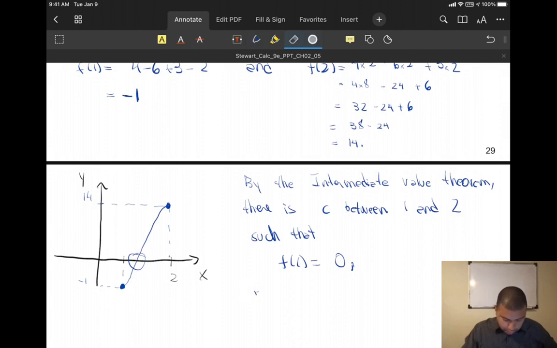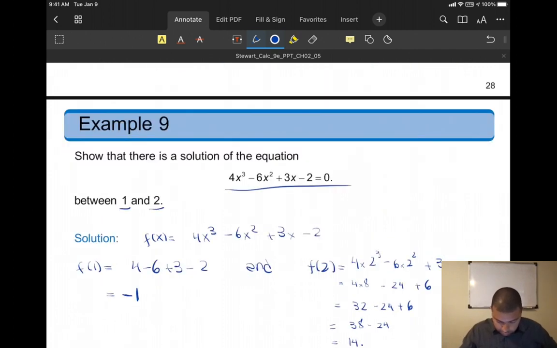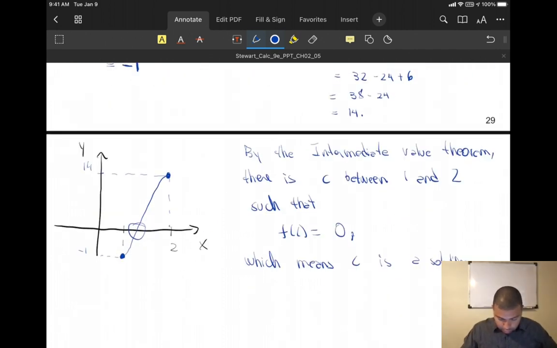And I'll say, which means c is a solution. C is a solution, which is what we're looking for. We're looking for a solution of the equation. This is a very powerful, very interesting idea, because now we know that there has to be something in there.